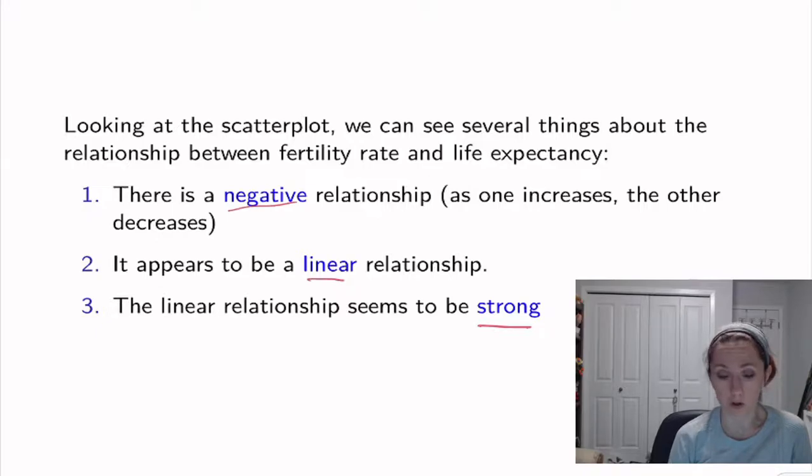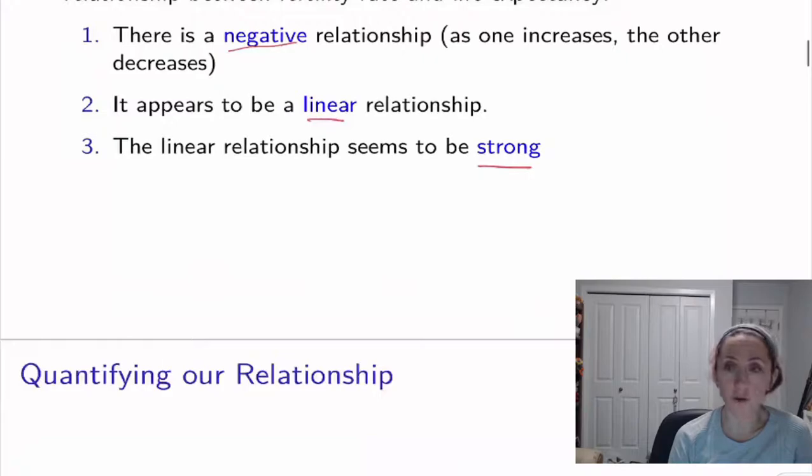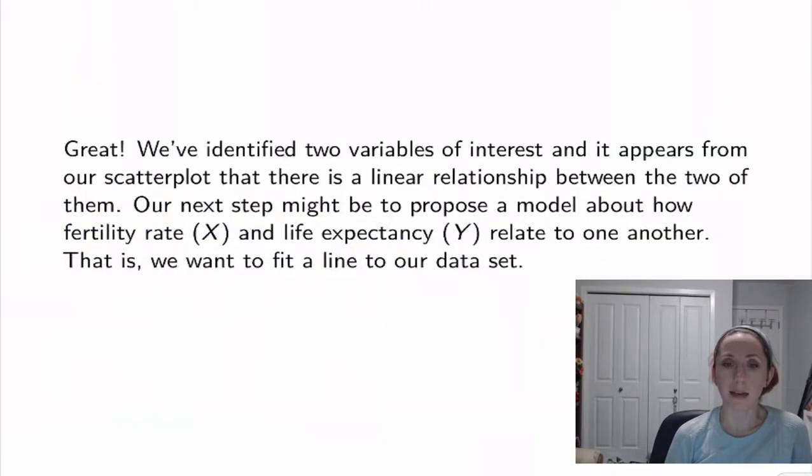So, think, great, I've identified two variables of interest to me, and it appears from my scatter plot that there's a linear relationship between the two of them. So my next step is going to be to propose a model about how I believe the x and y relate to one another. Spoiler alert, it's going to be a line. And then we're going to decide how to fit the best fitting line to that data, which isn't me trying terribly to make a straight line freehand with an Apple Pencil on my iPad.